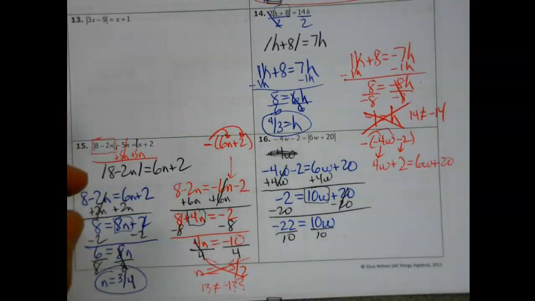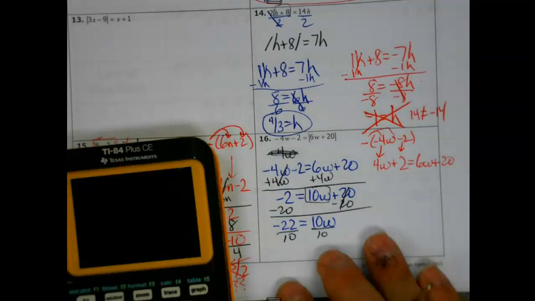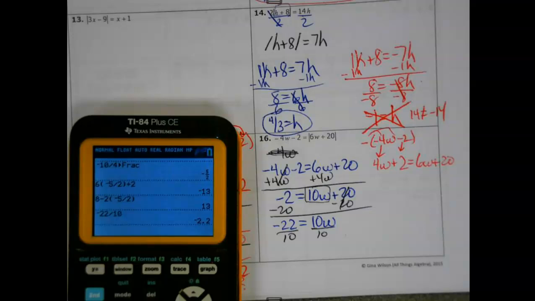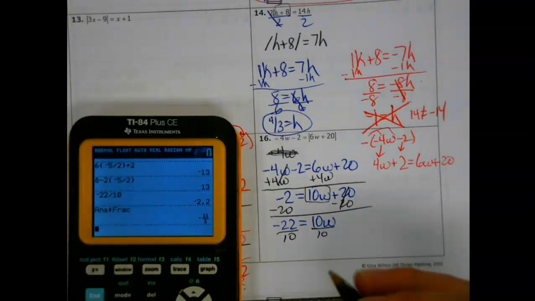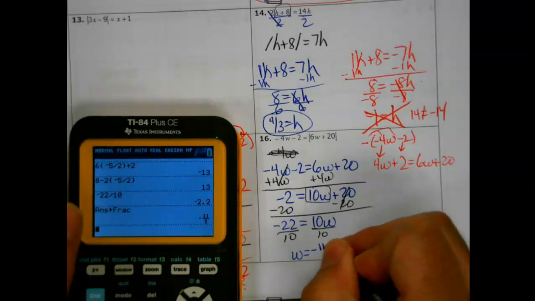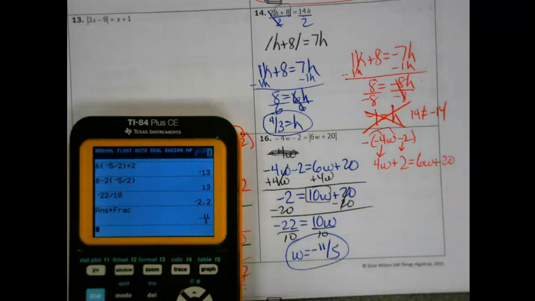Looking fractionally. All right, so we got negative 11 over 5. We'll check that in a minute. I probably shouldn't have circled that already, but that's all right.